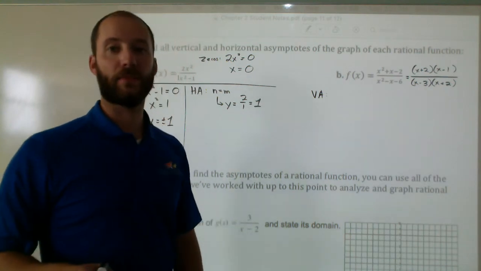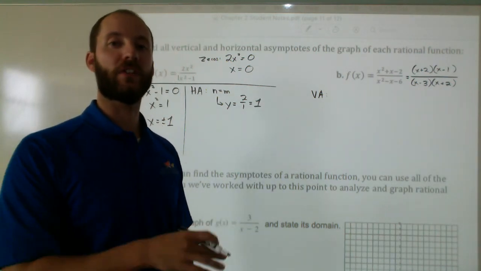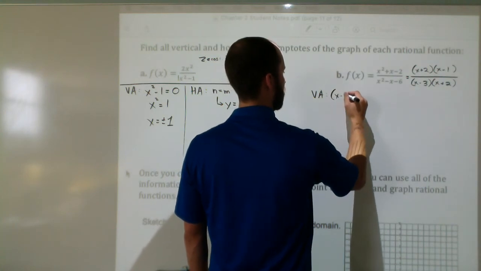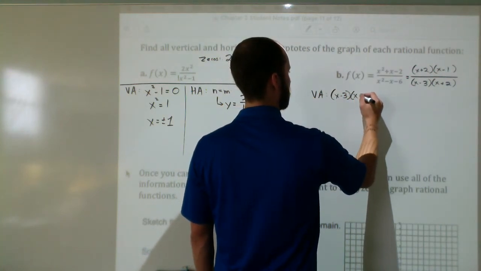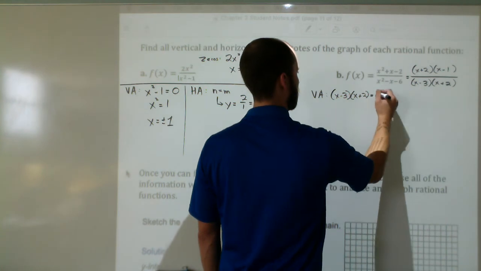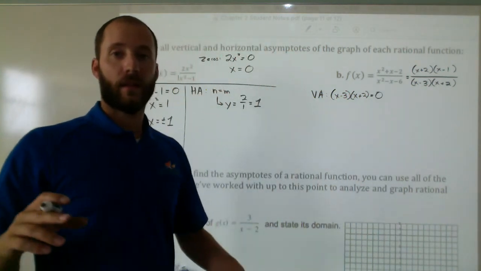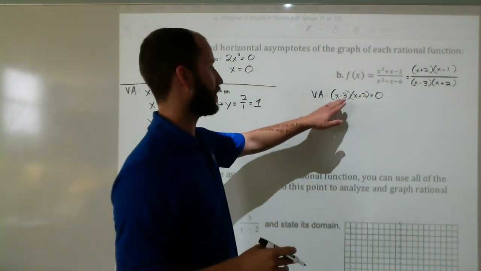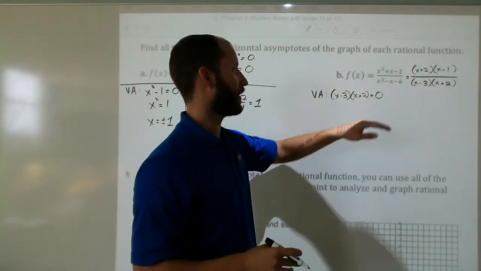Now vertical asymptotes, set the denominator equal to 0, okay? Now, when you go to solve this, you'll see that either x minus 3 equals 0 or x plus 2 equals 0.